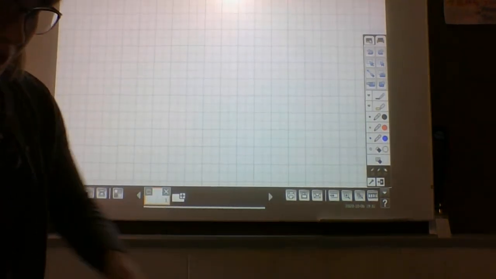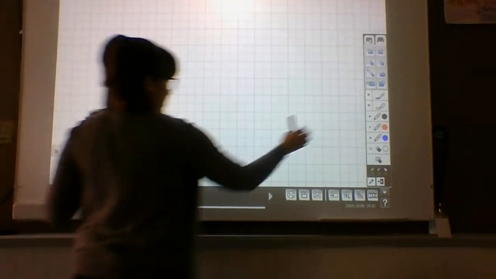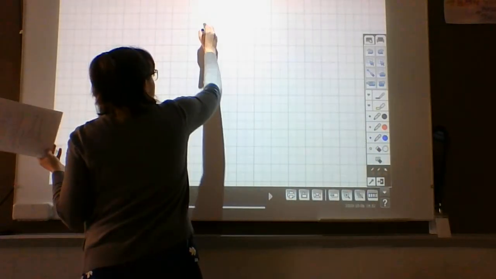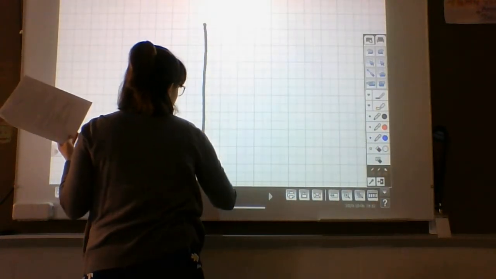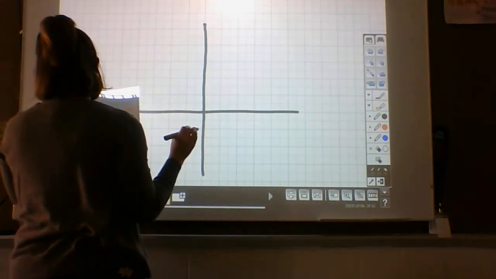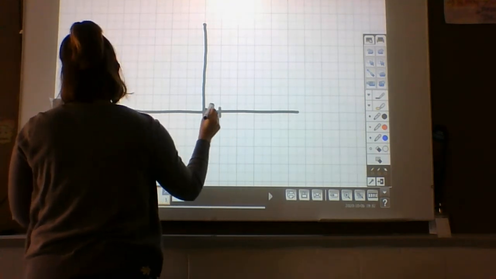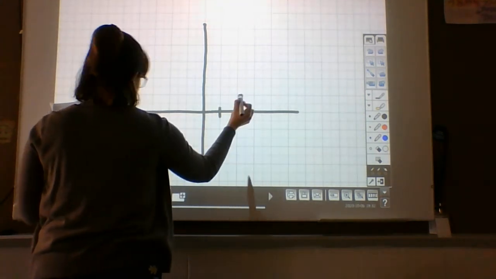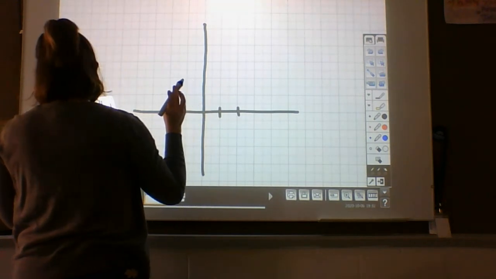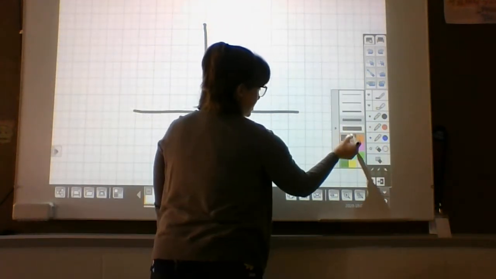Okay, so I'm going to draw you the picture under example 1 now. So it looks like this. Okay, so we have x is 1 right there, x is 2 right here, and x is 0. And it looks like we have this dotted line, x equals 1, so I'm going to draw that in.